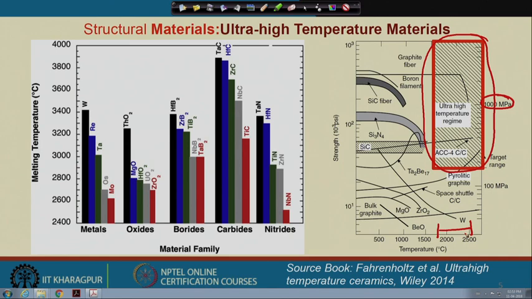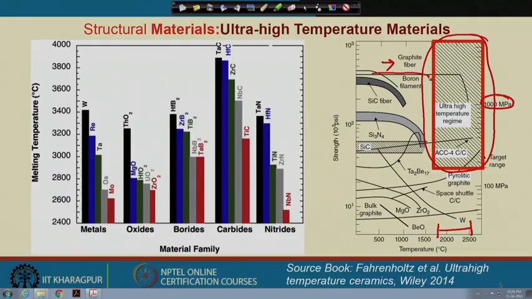And definitely graphite fiber can withstand such a very high strength in this temperature regime, you can see, but if it is in contact with oxygen, then immediately it burns, because graphite makes carbon dioxide or carbon monoxide, and that is volatile in nature. So, we cannot retain the strength.